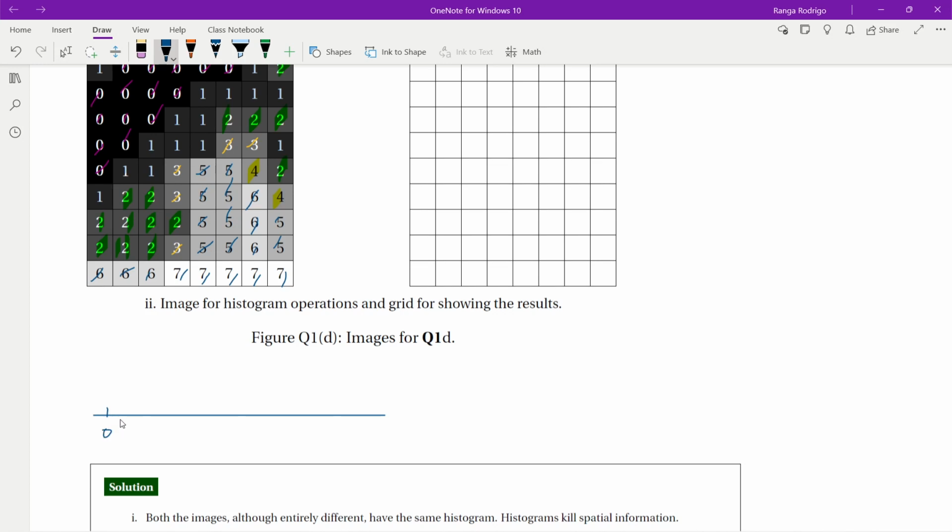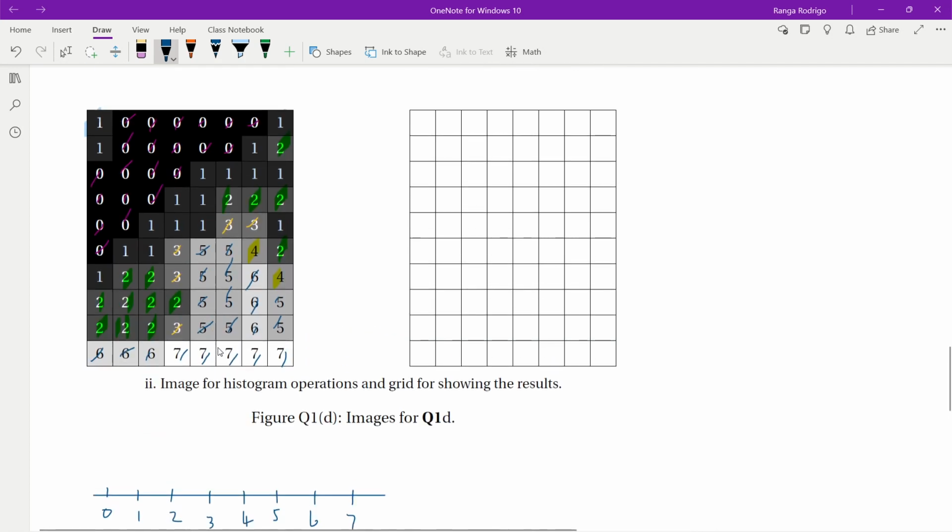0, 1, 2, 3, 4, 5, 6, 7. You don't have to draw the histogram here.